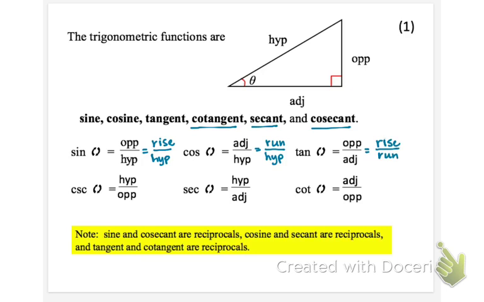You'll see the opposite and rise, as well as adjacent and run, interchangeably throughout this chapter. A lot of colleges will actually use the opposite and adjacent and hypotenuse over rise, run, and hypotenuse, but it truly is personal preference. So we can also label our cosecant, secant, and cotangent the same way.